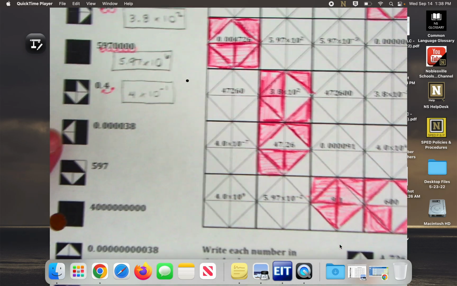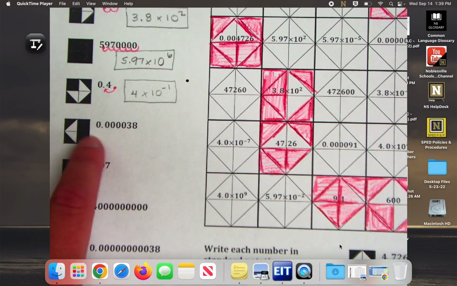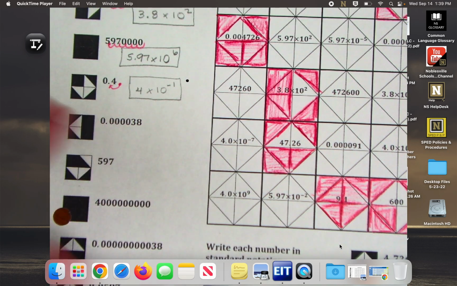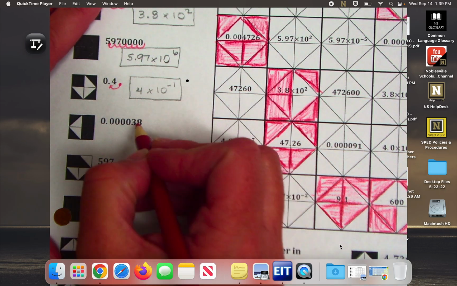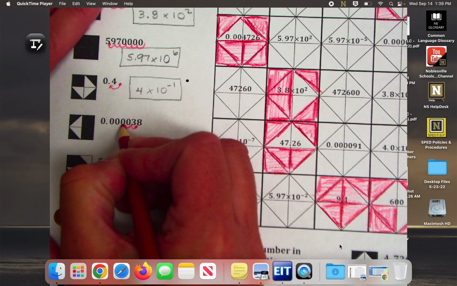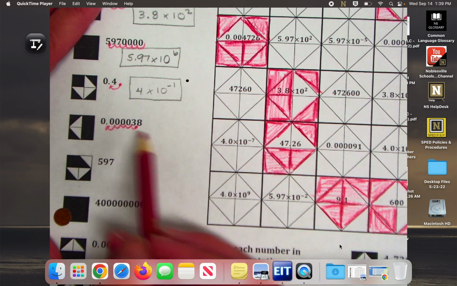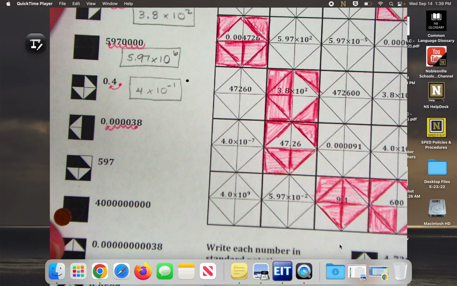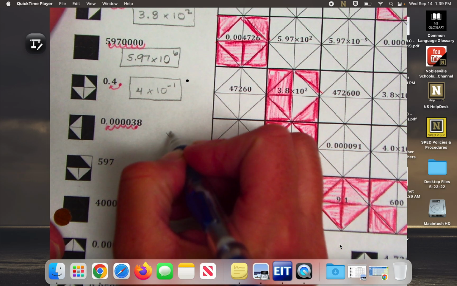How about this next one? Super small value. Where will the decimal go? Where will I put it? Delaney? After the 3. My loop goes to the left, so I know it's going to be a negative exponent.